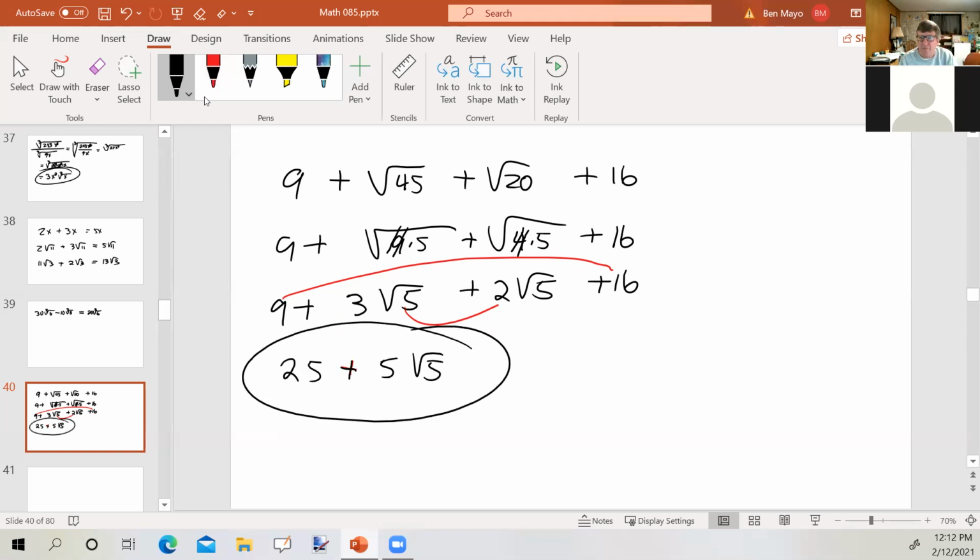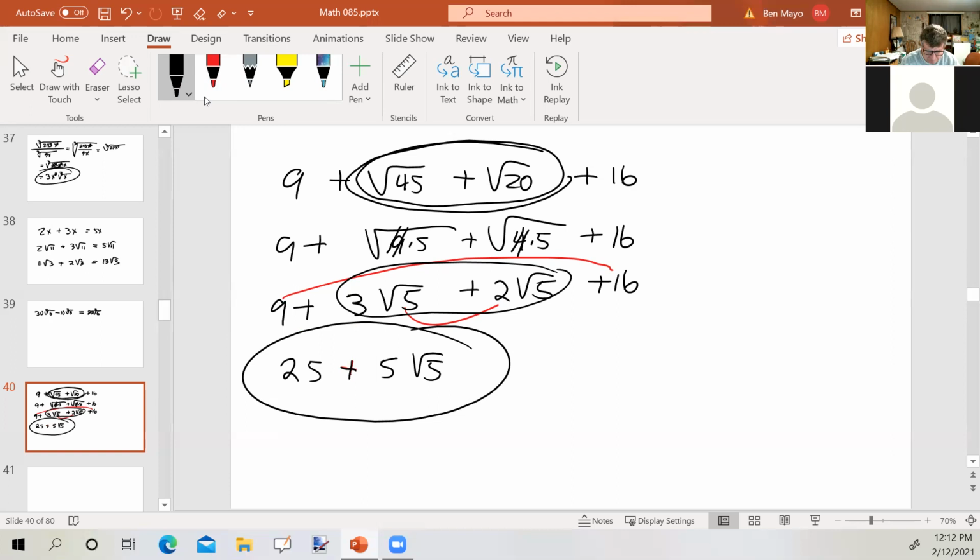And there's my final answer. But initially, these didn't look like radicals. I had to simplify them to identify that they were. Sometimes they will be, and sometimes they won't be. That makes more sense. All right with that? Yes. Okay.